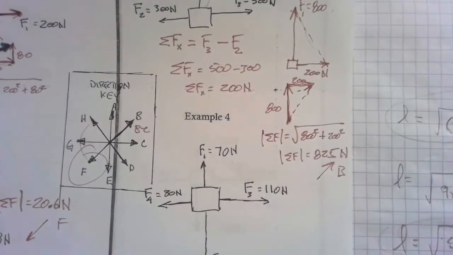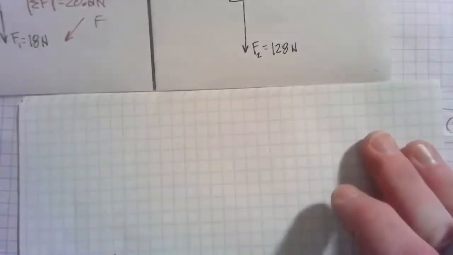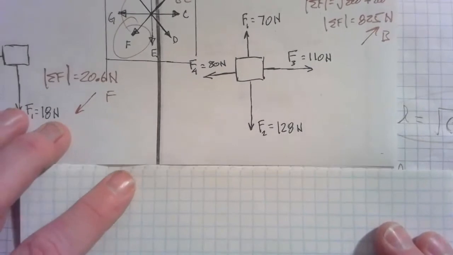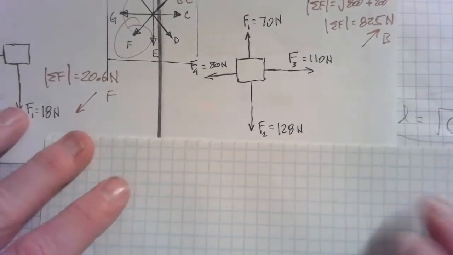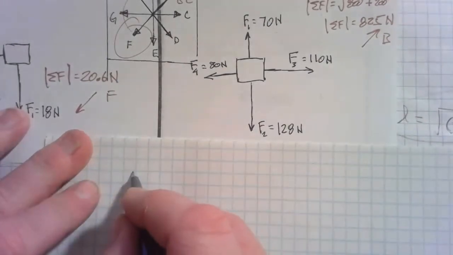All right, so we're going to need a little bit of space to do this one. So feel free, by the way, when you're doing these, to get yourself a little extra space. So this one looks like this. All right. So we have to resolve the horizontal, the x, and the vertical. So we'll do the horizontal first.